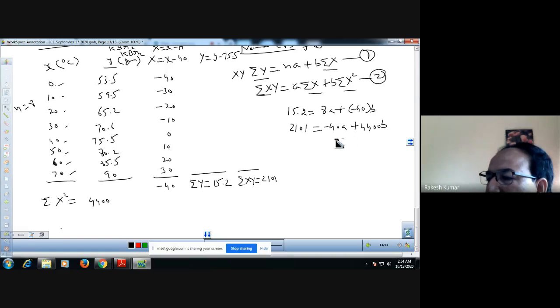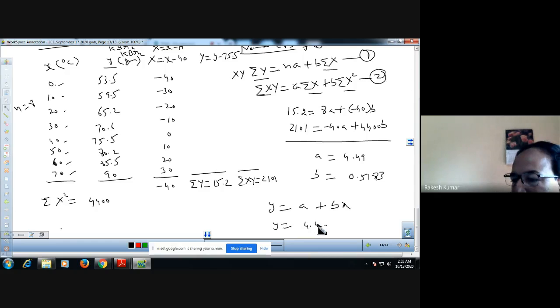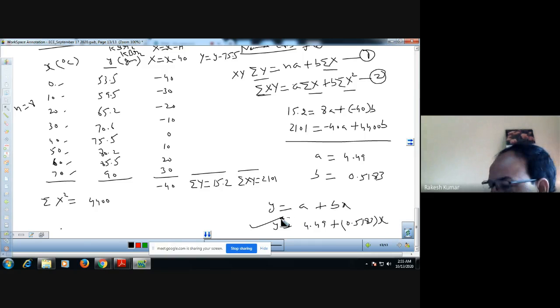You have to simplify these two equations for a and b. In this case a comes out to be 4.49 and b is 0.5183, and your fit will be y equal to a plus bx, that is 4.49 plus 0.5183 into x. This is your new equation of a straight line.